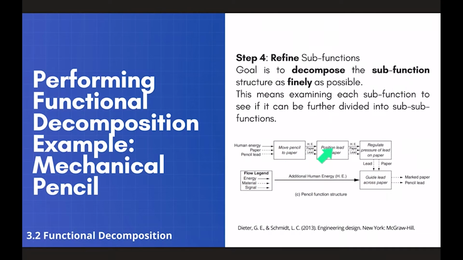So as long as we can see this schematic diagram, we can see what types of function flow are related to the sub-function. So basically, this is the complete detail of the schematic diagram for functional decomposition. Okay.